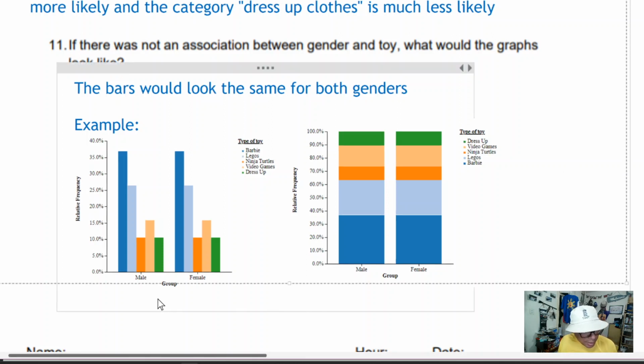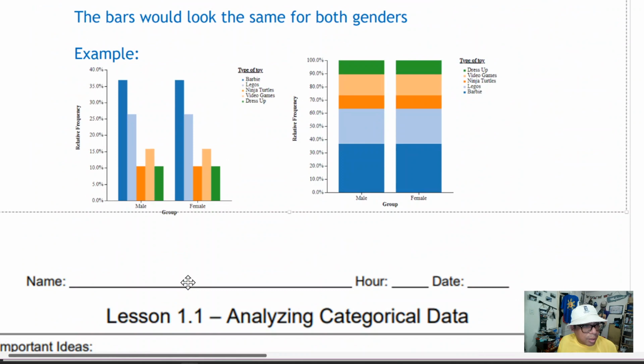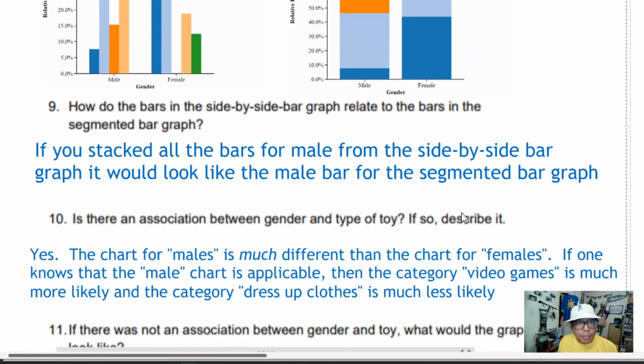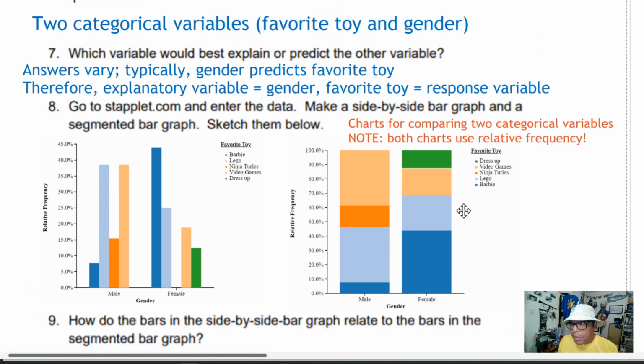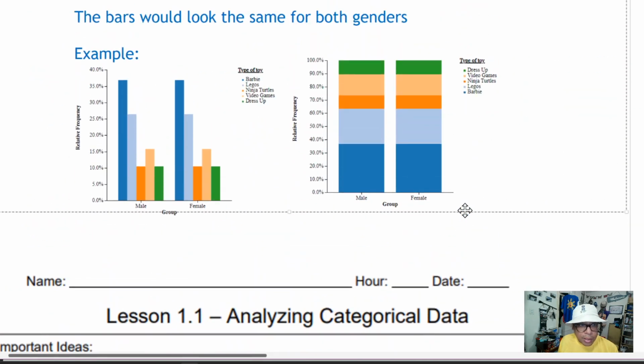You can see it in the side-by-side bar graph, although I think it's a little less obvious than by making an analysis of the segmented bar graph. Okay, so no association, association. They are dramatically different, or they should be dramatically different from each other. And you should kind of know the difference there.